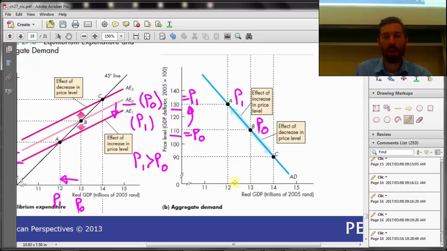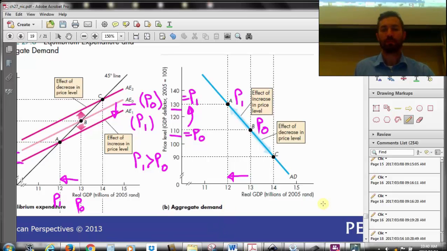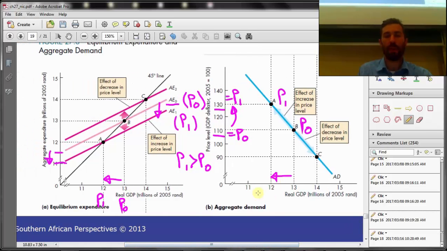What happens to our level of output? Our level of output decreases. So when the price level increases, our level of output, in other words, the amount that we want to purchase, decreases.